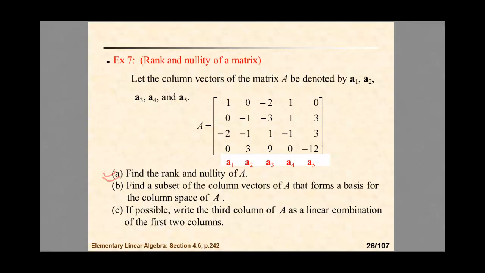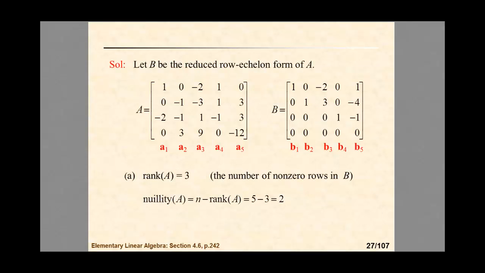Yes, Hassan, you are right. We will reduce it into row echelon form. With the help of row operations, we will reduce this into row echelon form. When we reduce the matrix, B will be in row echelon form. So here, in place of A1, A2, we write B1, B2, B3, B4, B5.